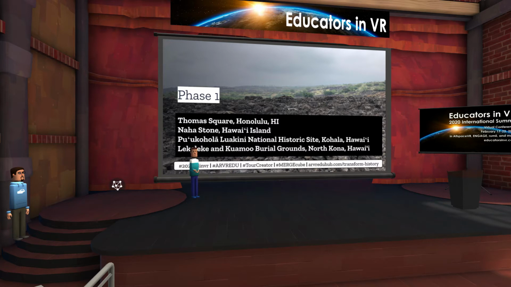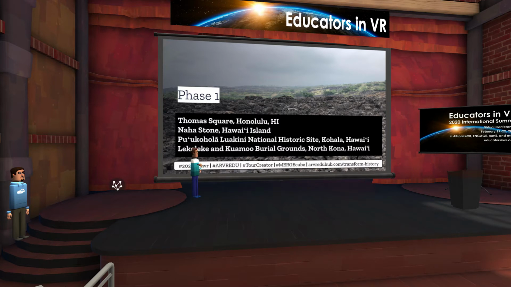And so it's very important in Hawaiian culture. And then the last place we wanted to visit, as you can see in this picture, is the Leke Leke and Kuamo'o burial grounds, which was, I think, the final battleground that conquered the other islands and led to the unification of all of the islands into one Hawaiian kingdom.